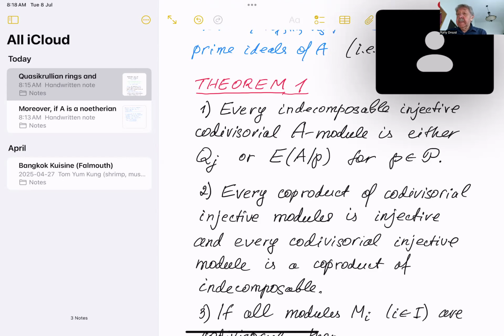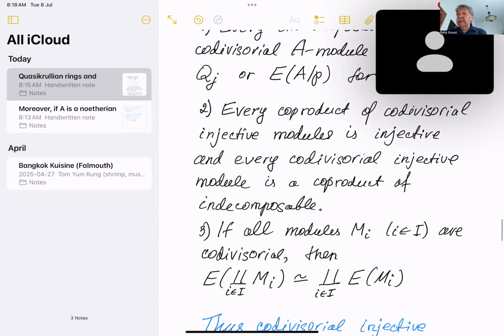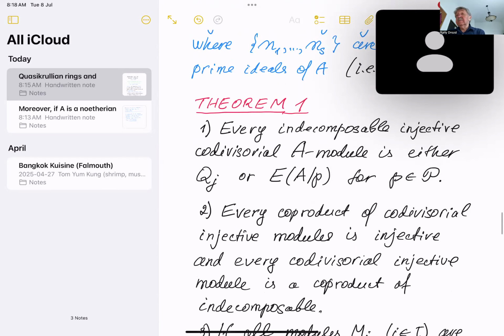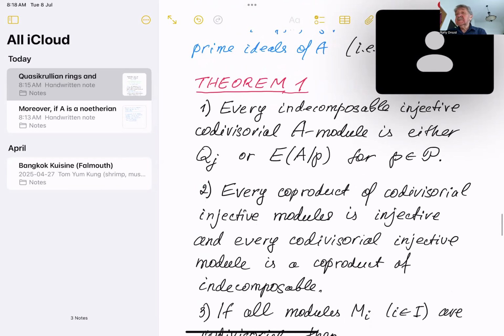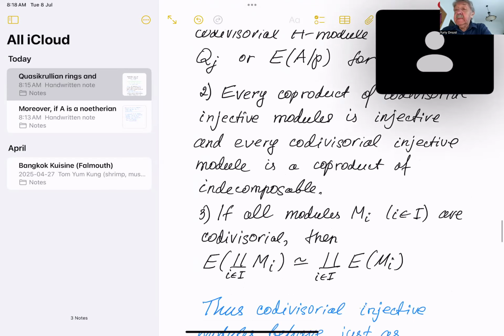And finally, if all models M_i are codivisorial, then the injective envelope of their coproduct is the same as the coproduct of their injective envelopes. So this is just as was proved by Matlis for injective models of Noetherian rings. In this sense, this category behaves similarly.